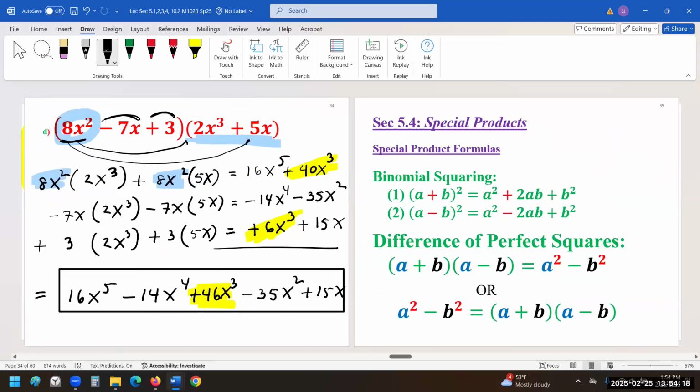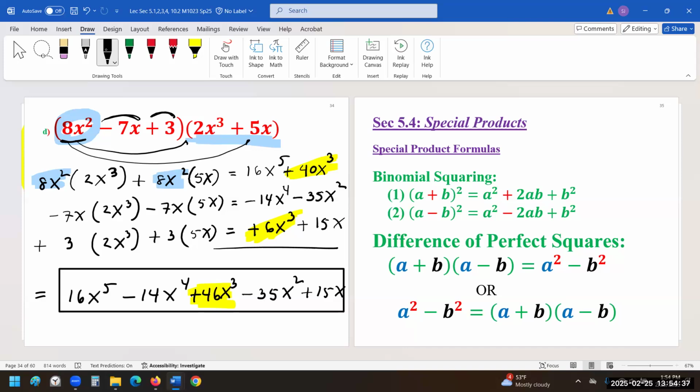Next, we are going to do the same thing, but we want to do the multiplication without doing multiplication. That's why we have special rules, because we don't want to do multiplication. We want to save our time. So, shortcut.